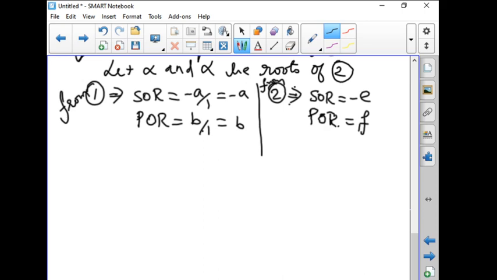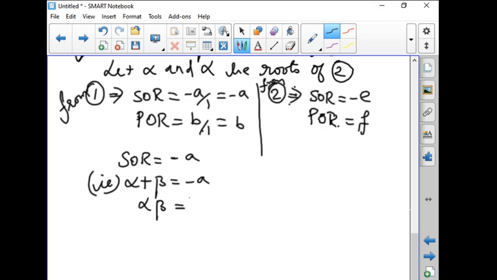So, what is the sum of the roots? Alpha plus beta is equal to minus a. Alpha into beta is equal to b, so beta is equal to b by alpha. Here alpha plus alpha is equal to minus e, so 2 alpha is equal to minus e.